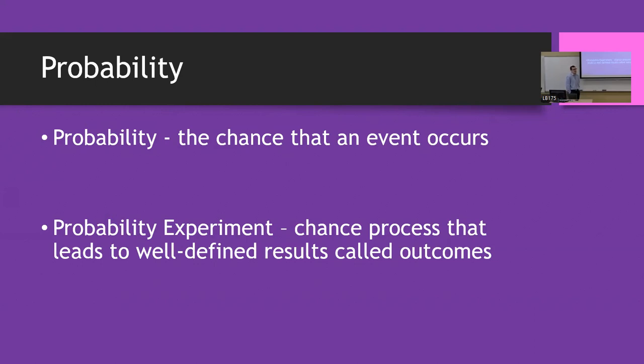So if I'm talking about rolling a die, the act of rolling the die is the probability experiment, and I'm going to be asking what's the chance that the die lands on the number 4. The flipping of the coin is the probability experiment, and I'm going to ask what's the chance that the coin flip lands on heads.